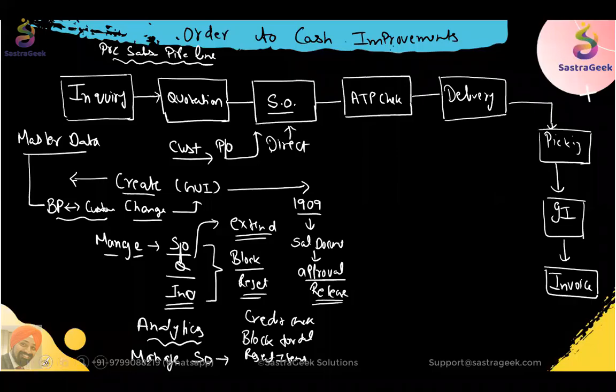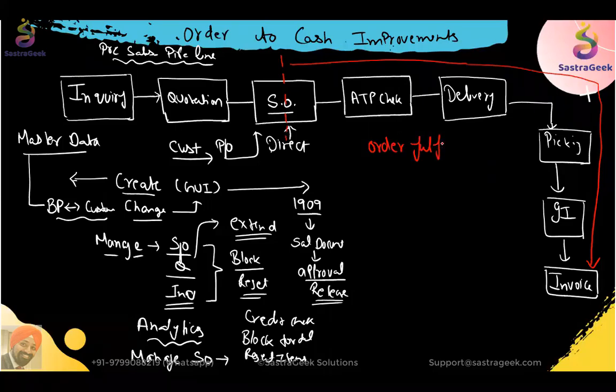Once the basic information has been punched in by your sales representative who has taken the sales order, from the sales order being punched into the system till your invoice gets created, this full cycle is what SAP, in business language, calls order fulfillment.